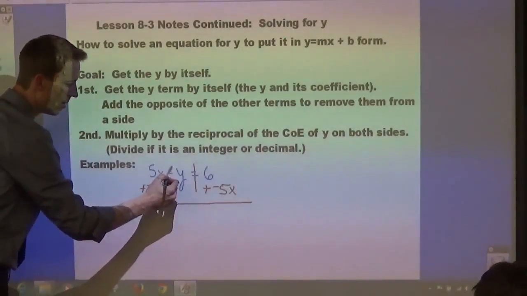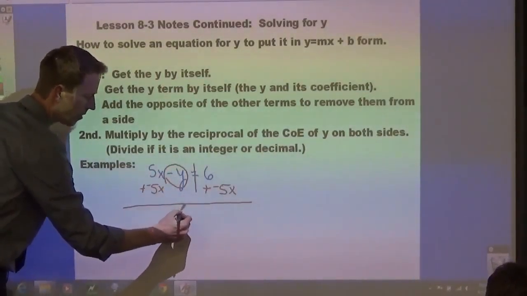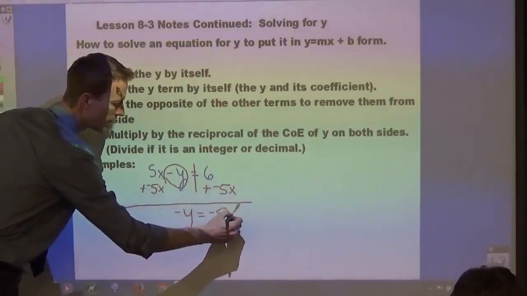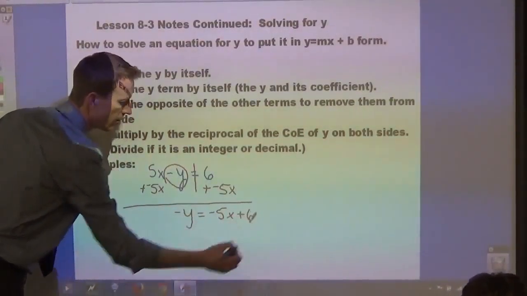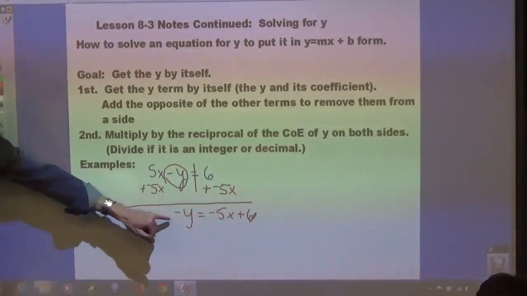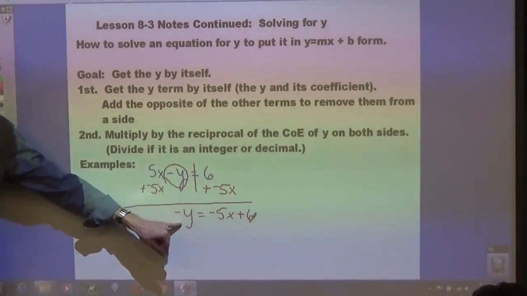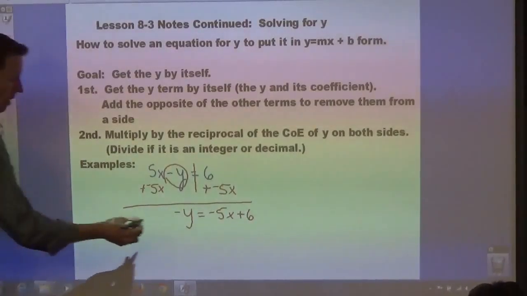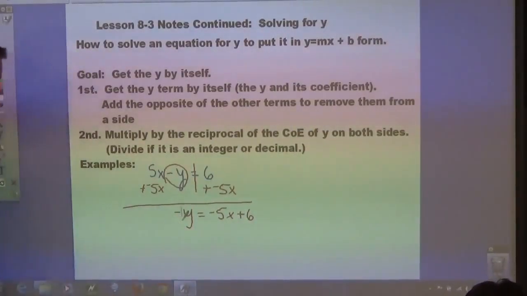Now, negative y equals negative 5x plus 6. Now, we can't solve for a negative y, we have to have a positive y. So remember, we have a negative 1 right here. This is a negative 1y.